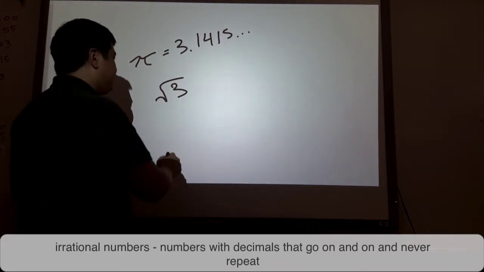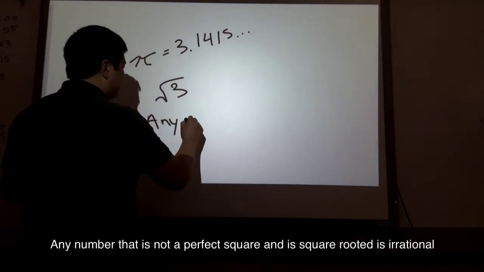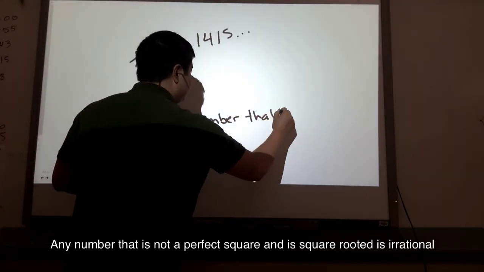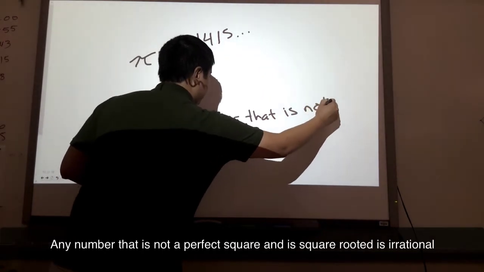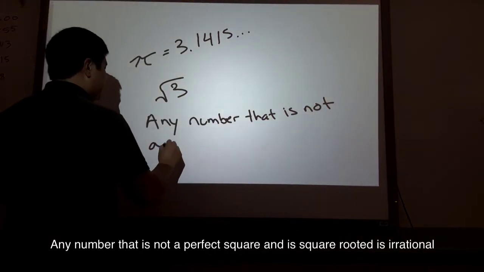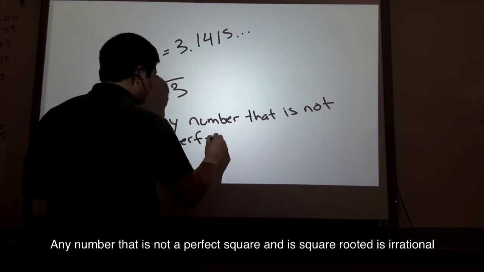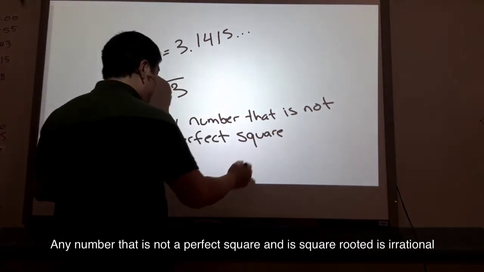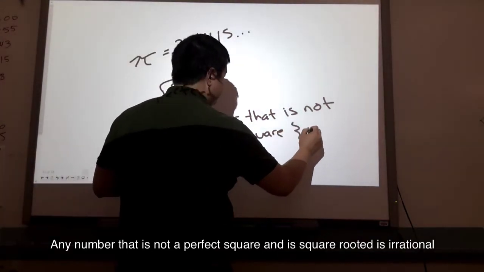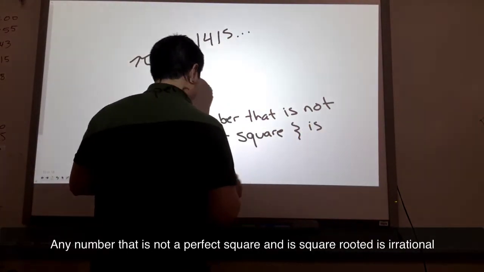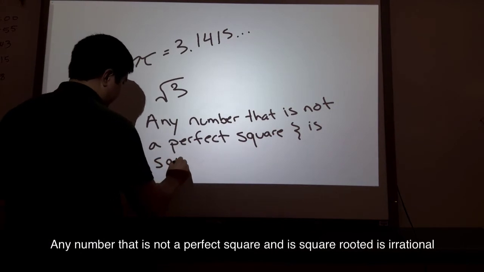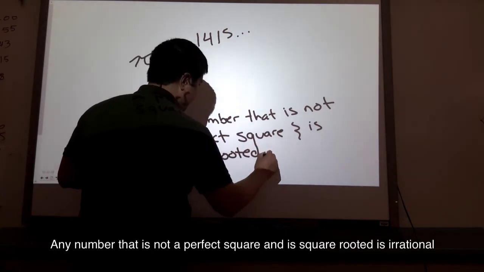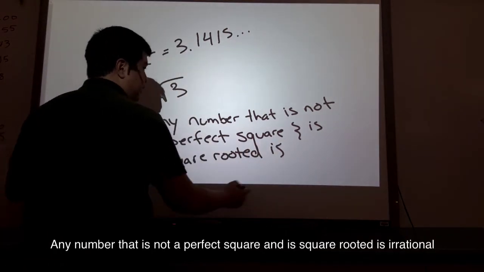In fact, any number, please write this down, any number that is not a perfect square and is square rooted is irrational.